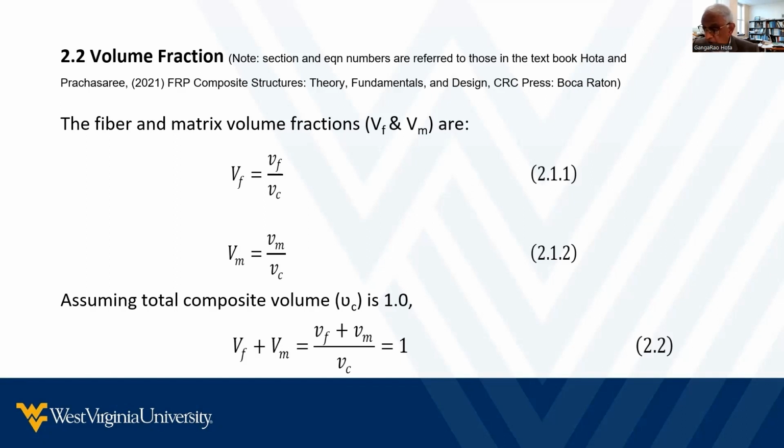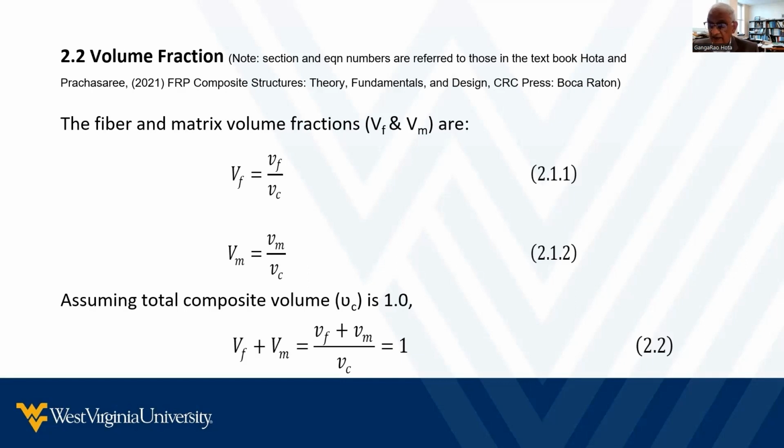Equation 2.2 in this slide, the very last equation, illustrates what I said in my previous statement. These fractions can be converted to functions of mass density fractions through basic physics, meaning multiplying with appropriate specific gravity, and I will not delve into that for now.